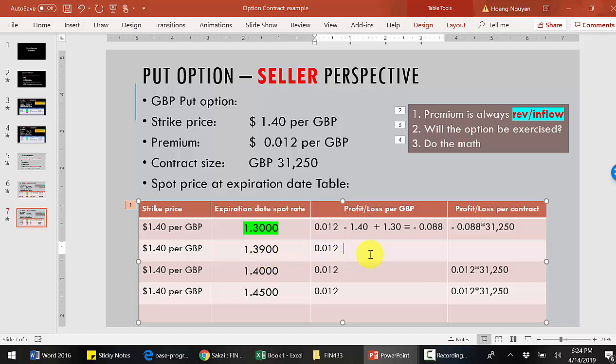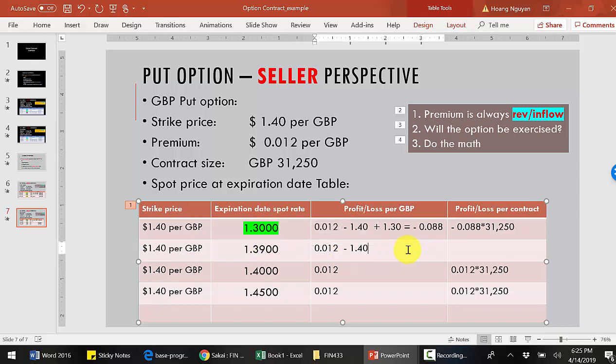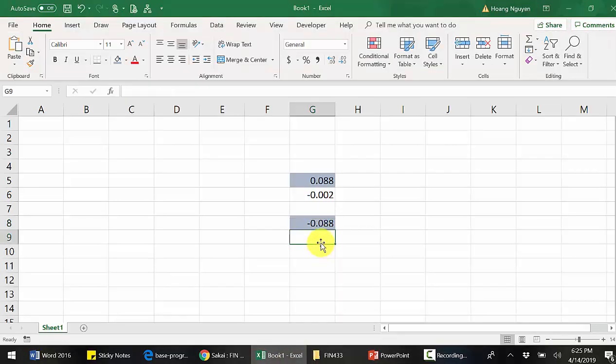So in this case, the option seller has to pay 1.4 to get 1 pound according to the contract, and then once he gets a pound, he can sell it in the market and get only 1.39, and 1.39 is the revenue. So all in all, when we add those three numbers up, what will happen?